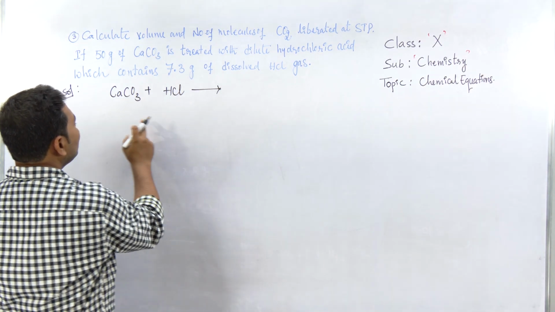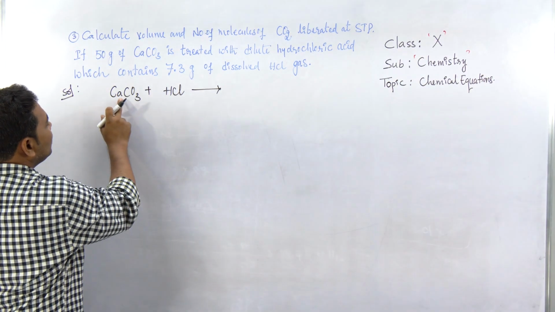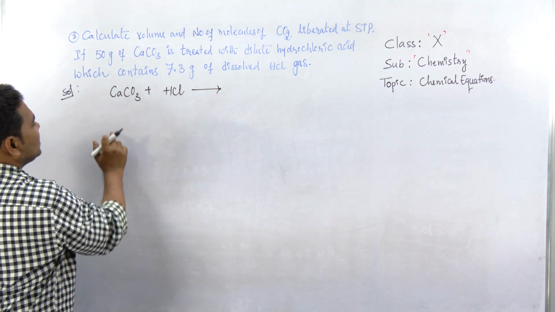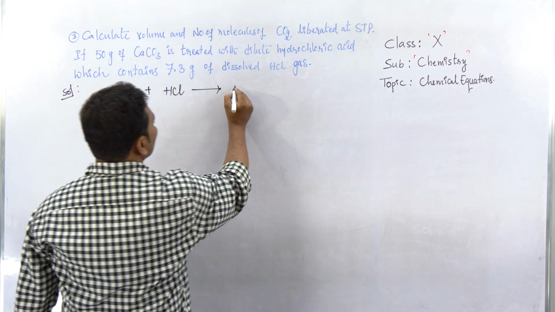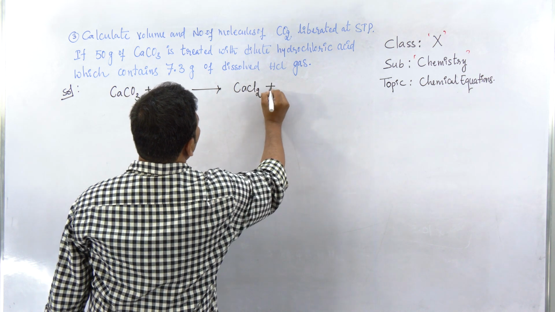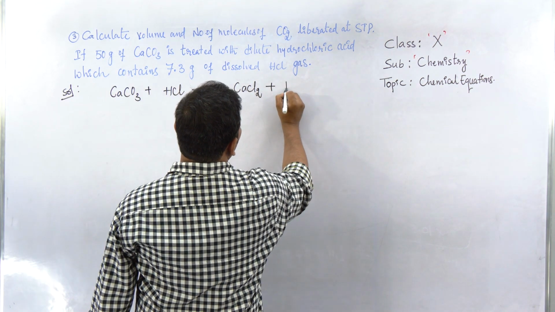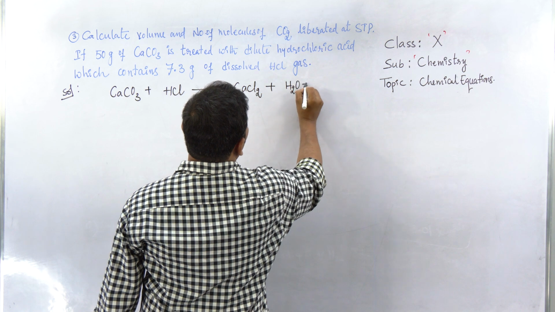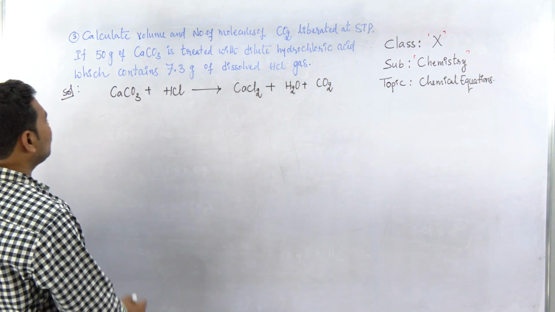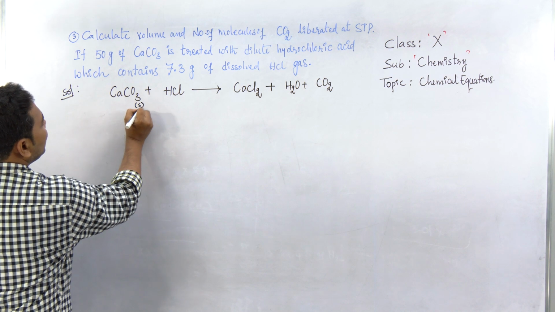What is the salt here? Generally we identify the salt from the metal of the metal carbonate and the negative part of the acid: calcium and chlorine. So the salt is calcium chloride, CaCl2, plus the other products, water and CO2. This is the chemical equation, right? This is the solid we take.